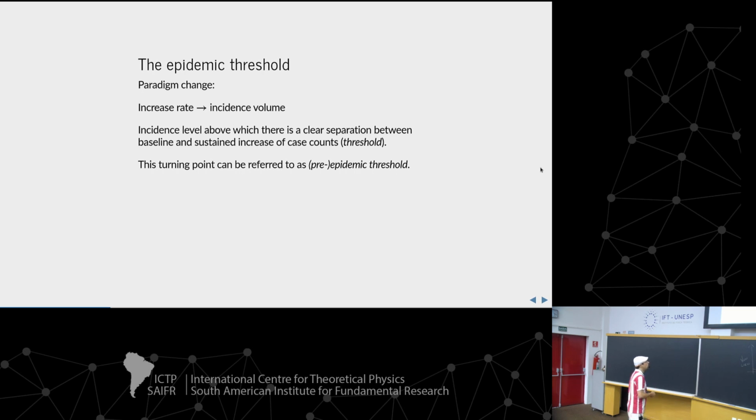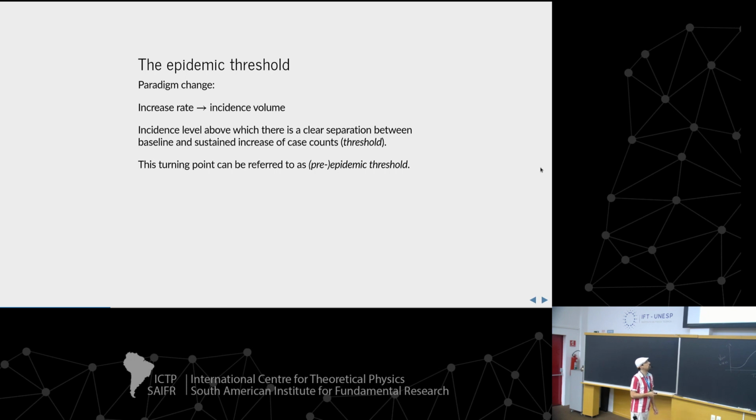Now, we will try to establish an incidence level above which we can separate baseline and sustained increase. And this turning point, we will then call either pre-epidemic threshold or epidemic threshold.